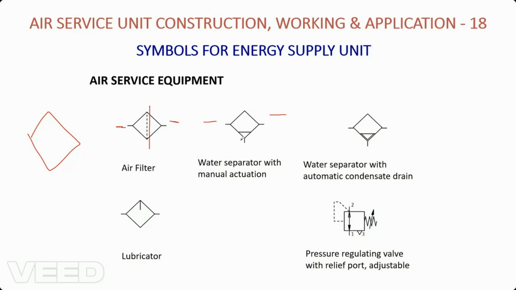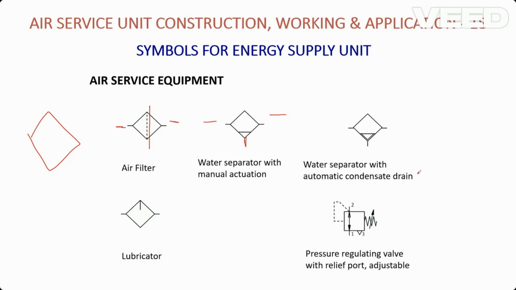Whatever is collected gets deposited here. At the bottom, we have a plunger type or screw type. Whenever we press it, air flows through, and any moisture or sediment comes outside. This is the manual drain, or air separating unit, or moisture separating unit.